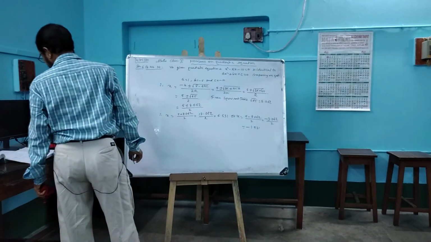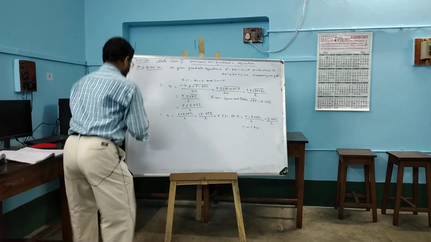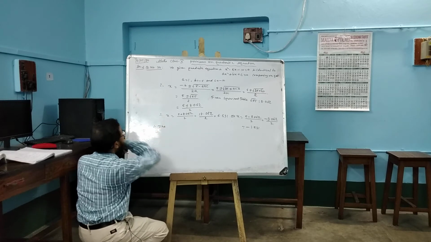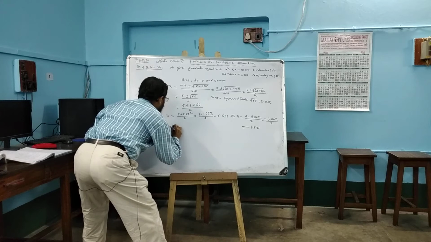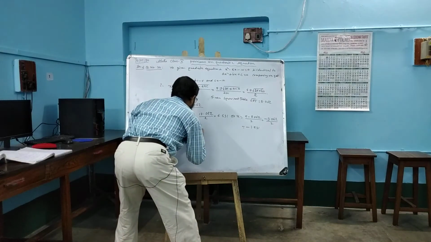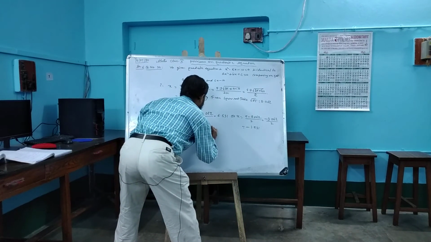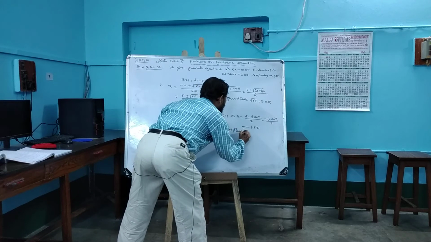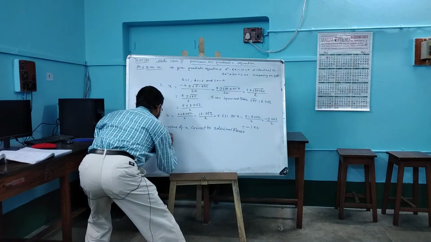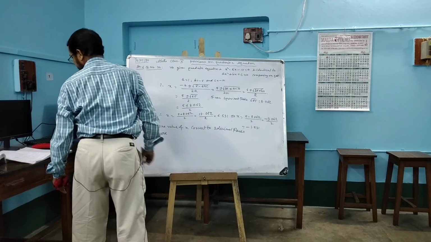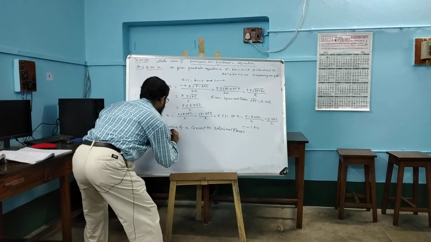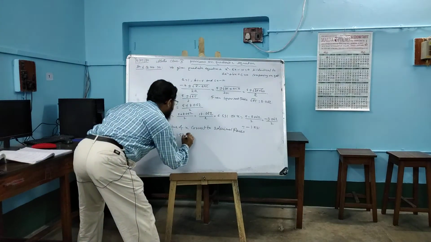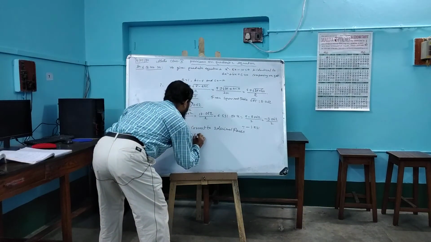Next, answer. Therefore the values of x correct to 2 decimal places are minus 1.53, comma, 6.53.